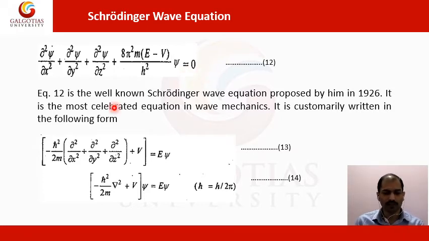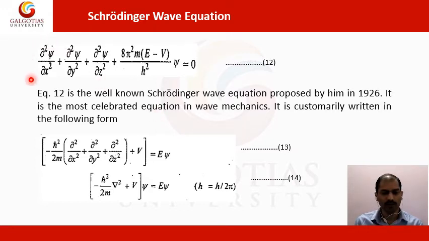This equation is generally known as the Schrödinger wave equation, proposed by him in 1926. It is the most celebrated equation in wave mechanics, and it is customarily written in the following form.